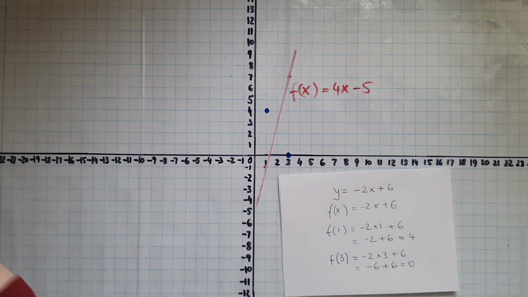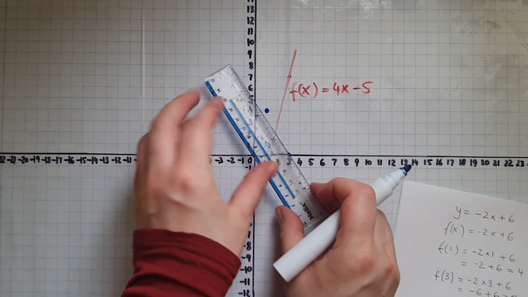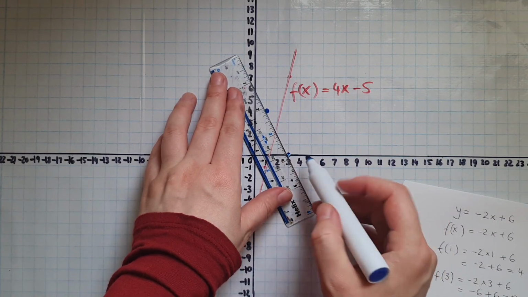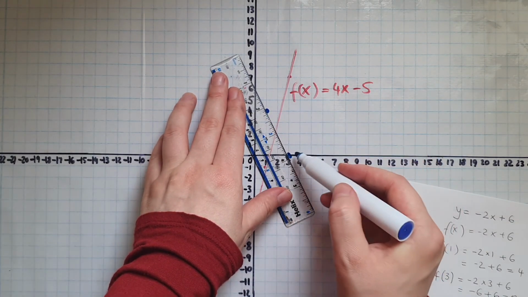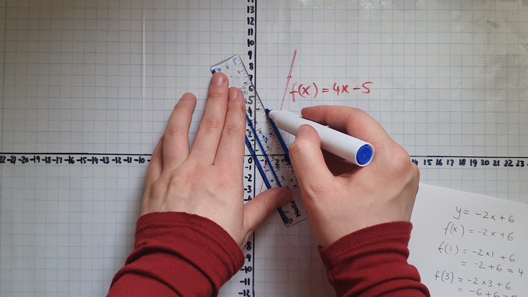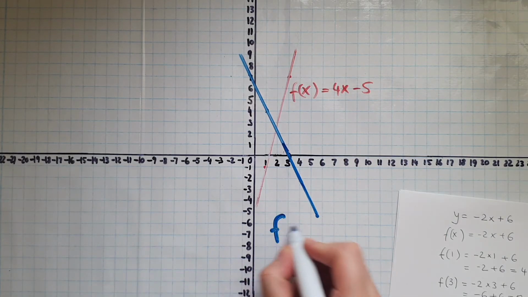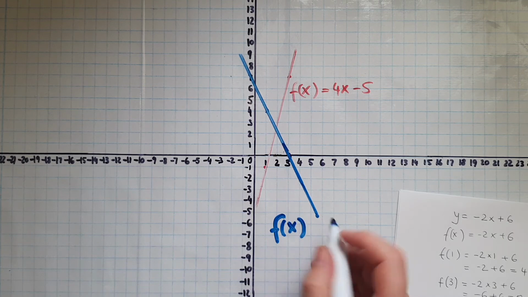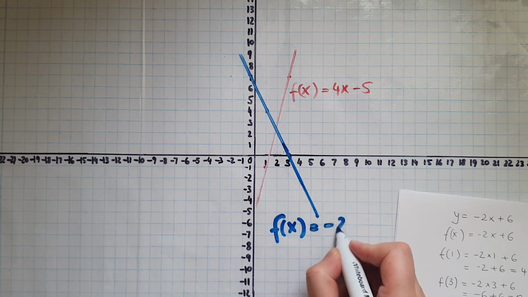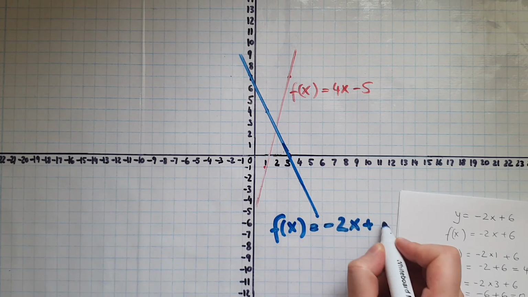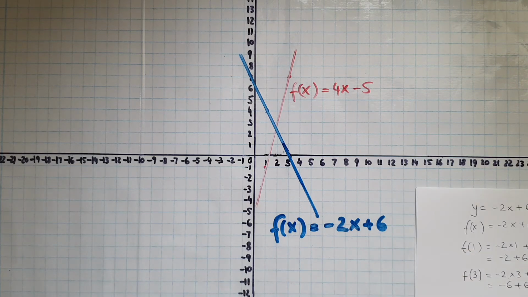Again, we'll use a ruler to join these two dots, and we'll label it. So pretty much like we did with the linear equations.